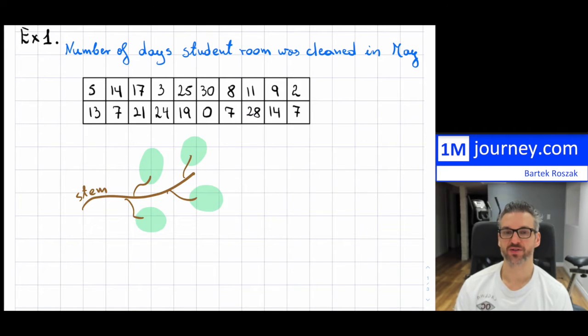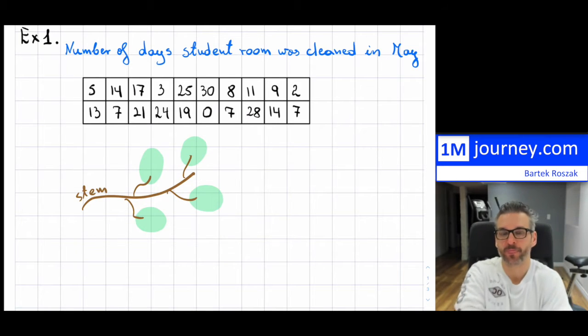So in this case, as you can see, we have an example which says the number of days a student's room was cleaned in May. So let's say maybe somebody was asked, or they were tracking on their own how many times they've cleaned it. So here it looks like we have 20 data points, so maybe 20 students were asked in a class how many times they have cleaned the room, and you have 5 times, 14 times, 17 times, and so on.